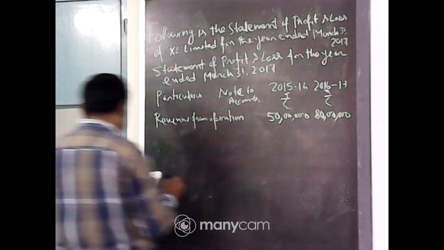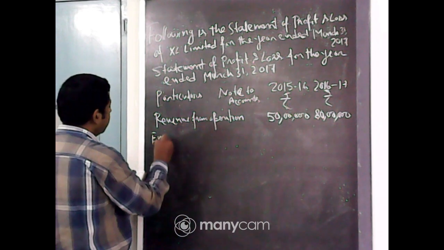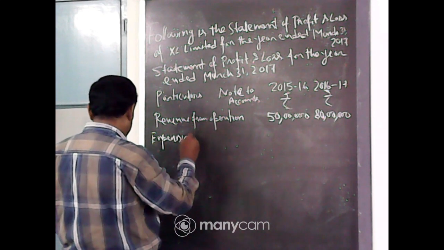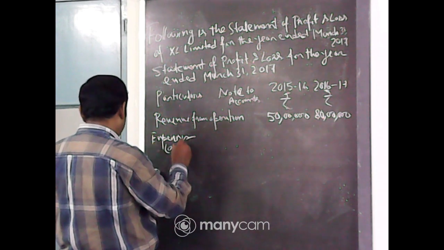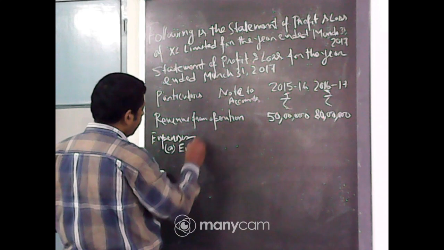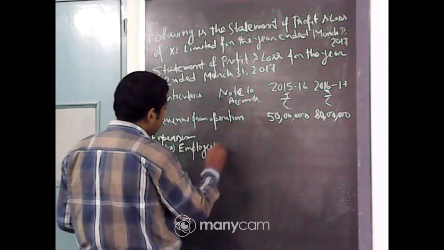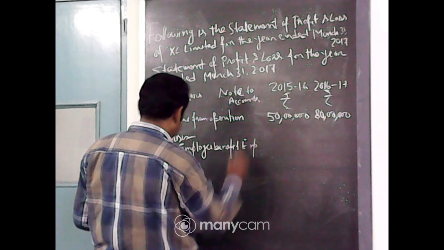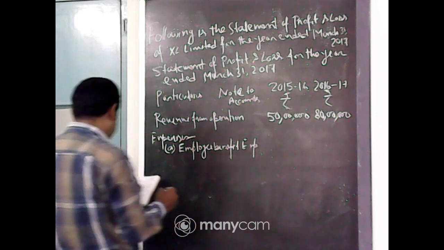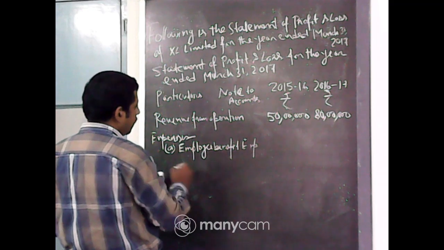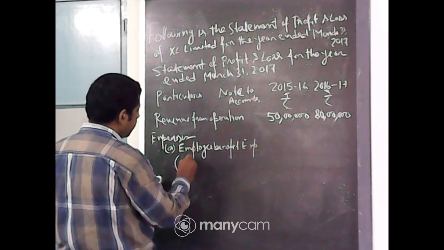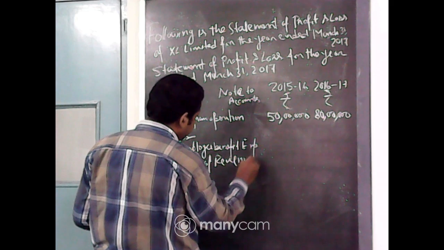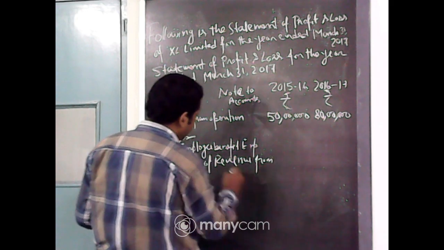Now expenses; there is no other income in this example. Under expenses, A, employee benefit expenses is given, and they say these expenses are 10% of revenue from operation.